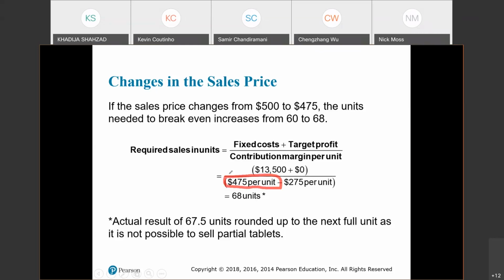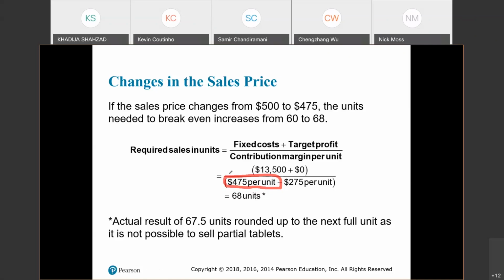But here, in order to maintain the market share, the company should change the selling price from $500 to $475.